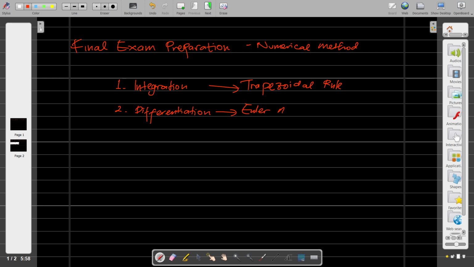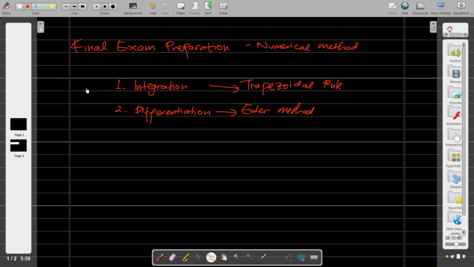So for the effectiveness of your preparation for your final exam, you can just focus on these two things: for the integration, the trapezoidal rule, and for the differentiation, the Euler method. Okay, so that's all.